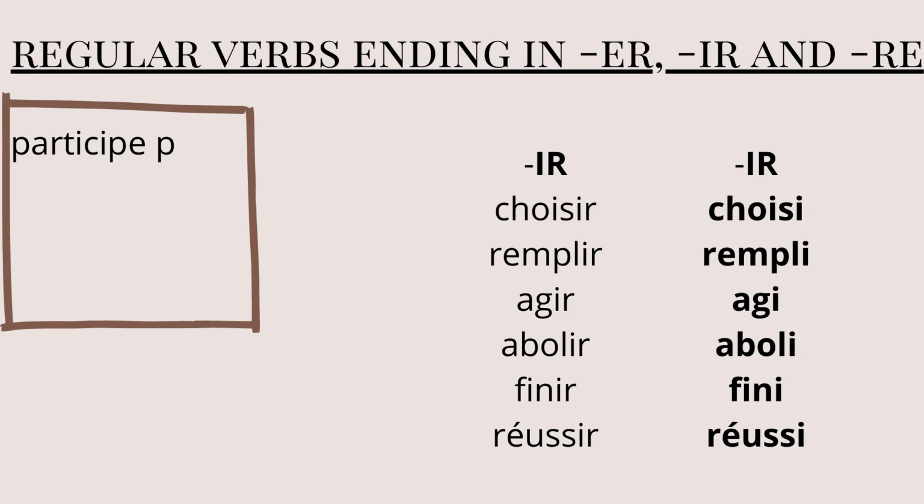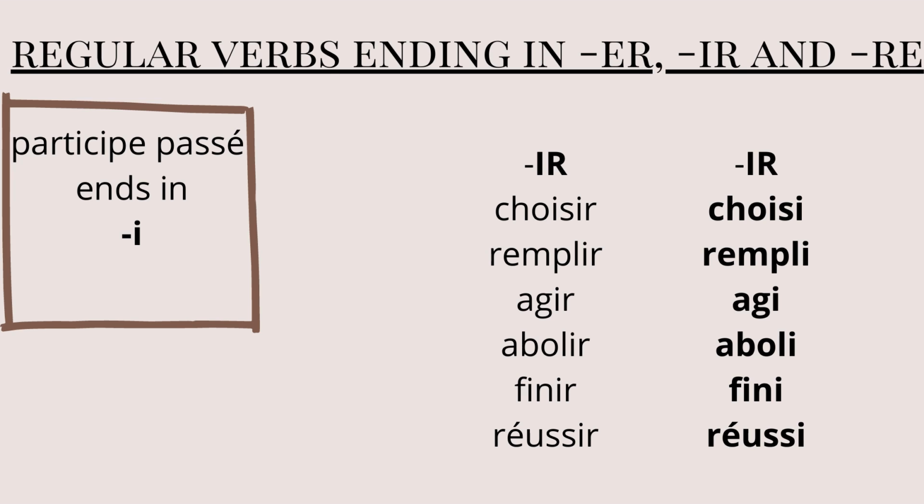Now, for regular verbs ending in IR, the participe passé ends in an I. For example, choisir, remplir, agir, abolir, finir, réussir. They all end in I for the participe passé. Where you have choisir, the participe passé would now be choisi. Some examples are there for you.